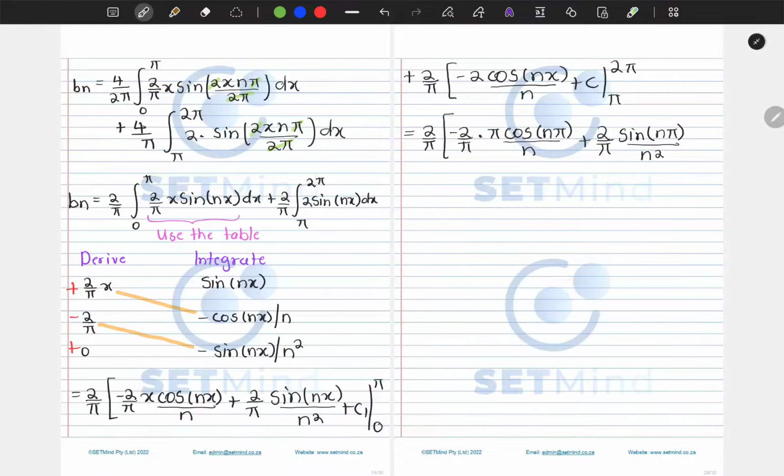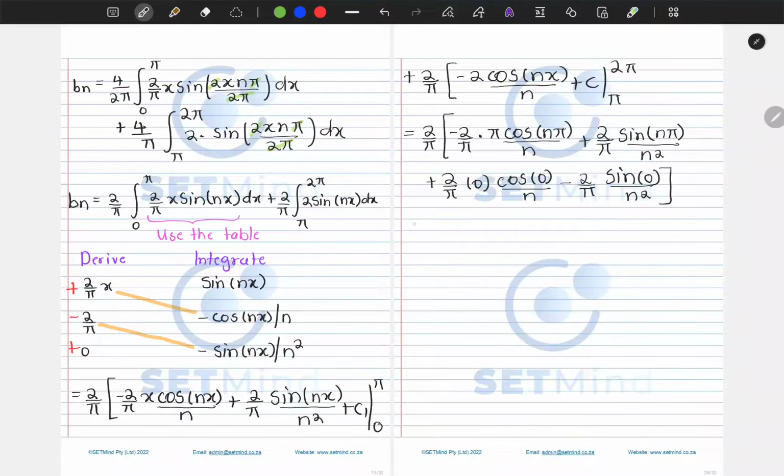And then we do the 0, which will be minus negative 2 over pi times 0 cos of 0 divided by n, and then minus 2 over pi sine of 0 divided by n squared. So that is done with the first bracket.